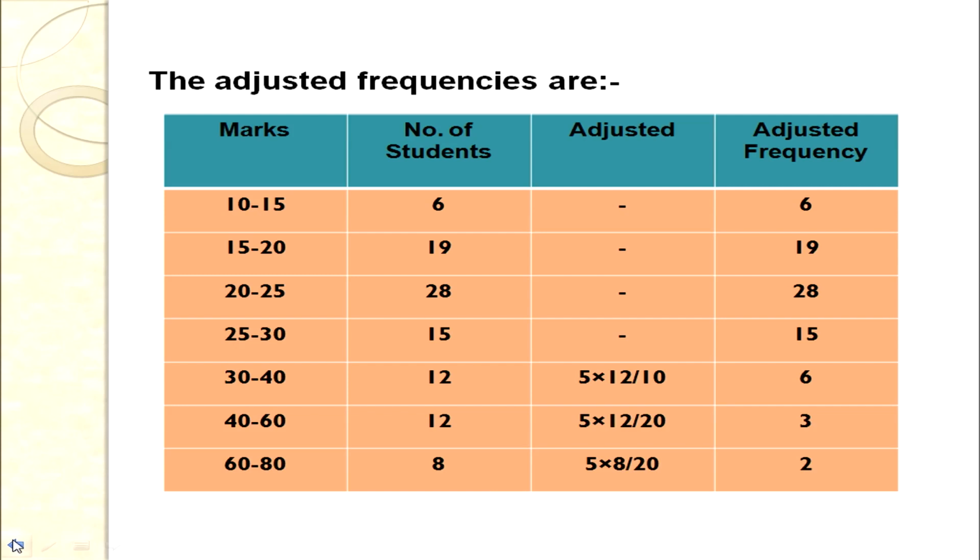Now, here the main important point is this, the width of the rectangles is going to change for 30 to 40, 40 to 60, 60 to 80. Let us see how we have drawn the histogram. In this histogram, what are we looking at?